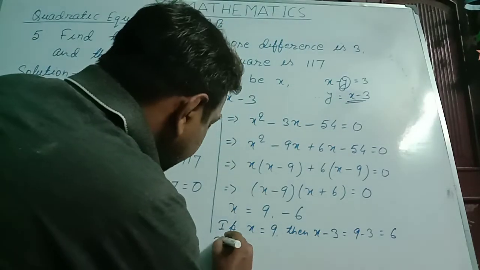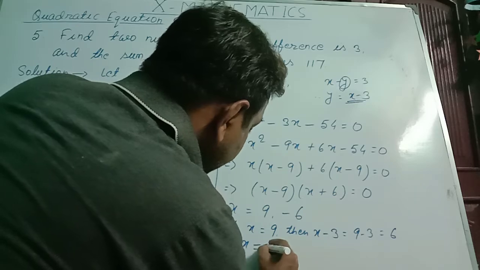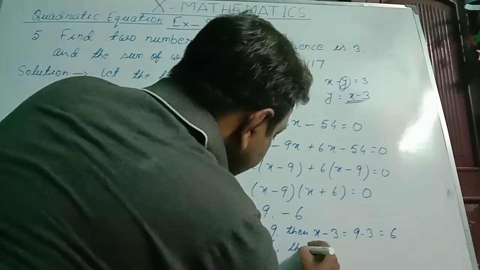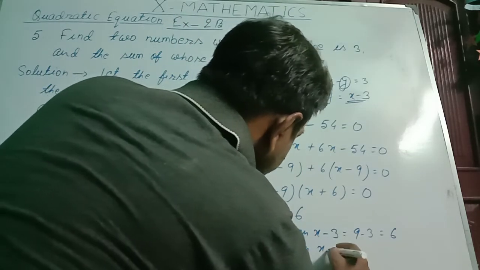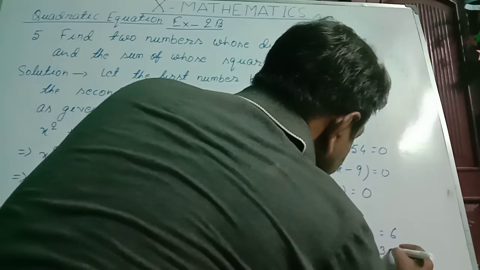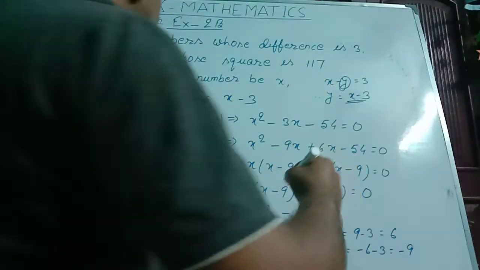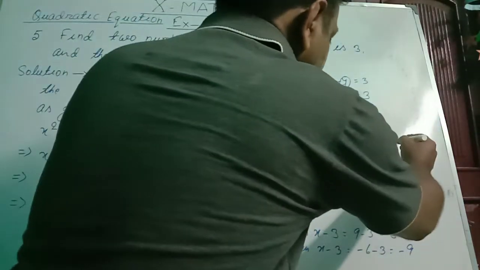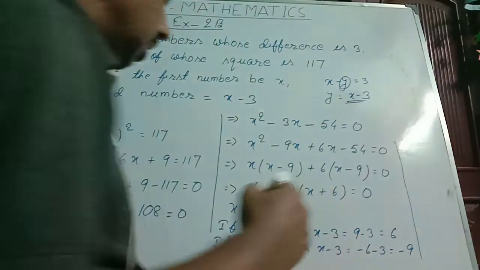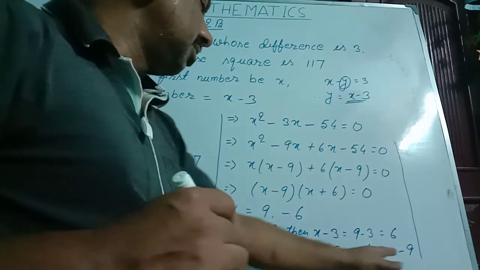And if x equal to minus 6, then x minus 3 equal to minus 6 minus 3 equal to minus 9. So, there will be two answers. Those are 9, 6 or minus 6, minus 9.